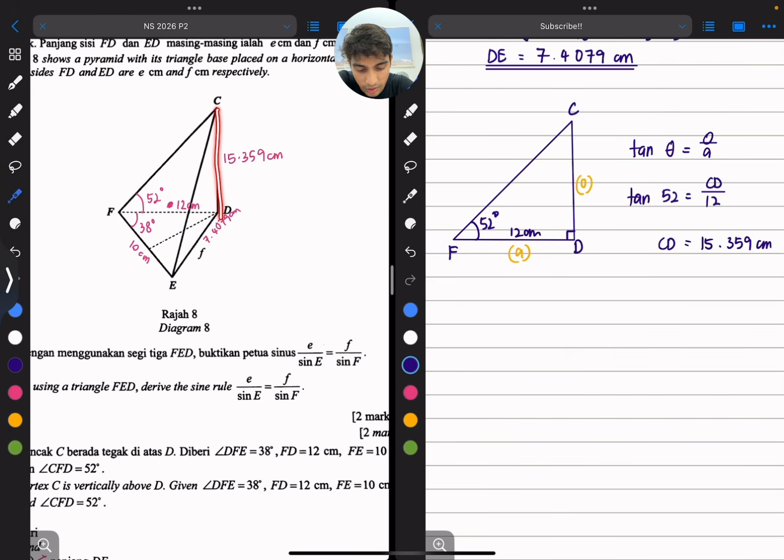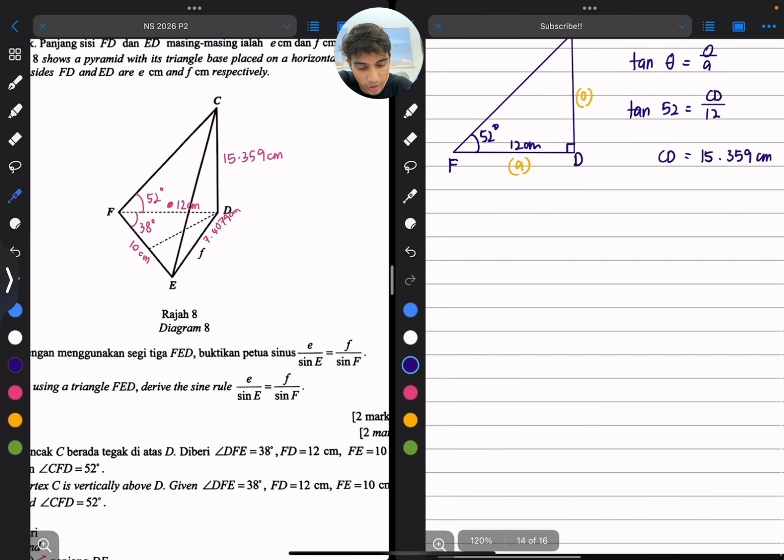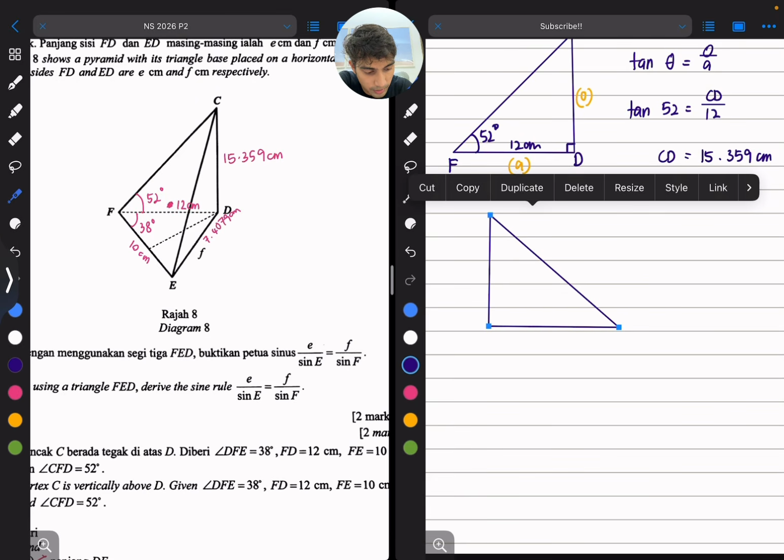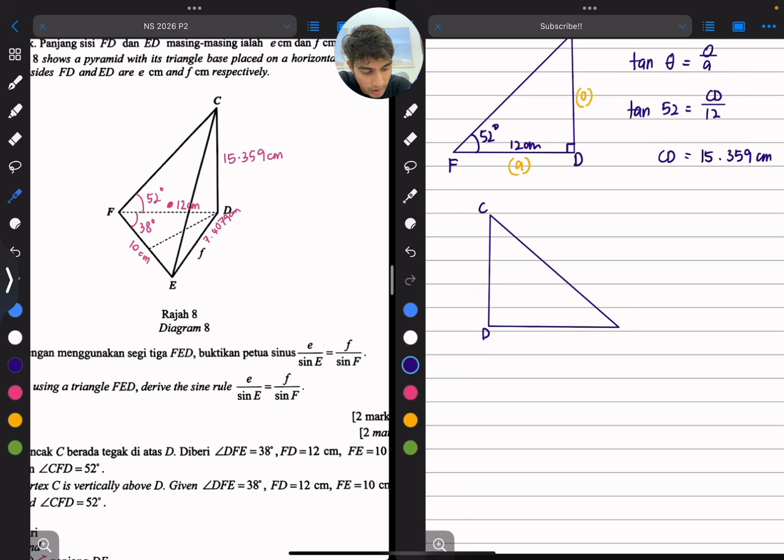Right, now we can solve this triangle because we have another right angle triangle. So I'm going to draw this again. This is C, this is D, this is E. I imagine this triangle, I opened it up like this. I flipped it here. So CD is 15.359. ED is given, 7.4079.